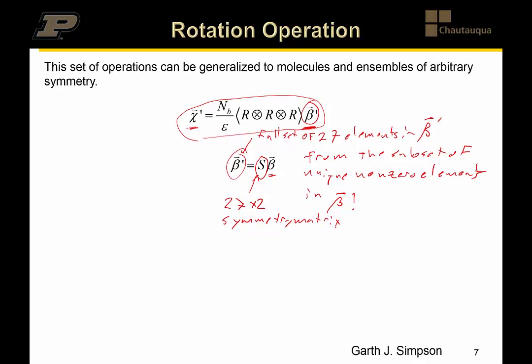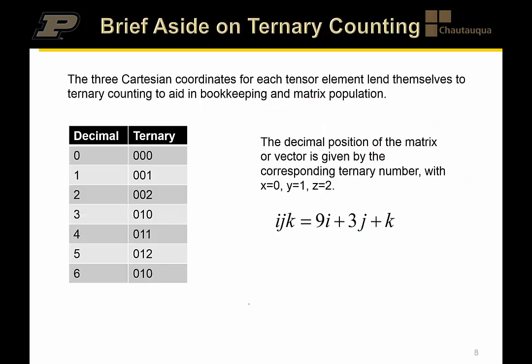And this one is actually pretty straightforward and trivial to evaluate in the present case because it's going to be almost all zeros with 2 ones, and those 2 ones are going to correspond to beta zxx and beta zzz. So we know we have those 2 tensor elements to populate.